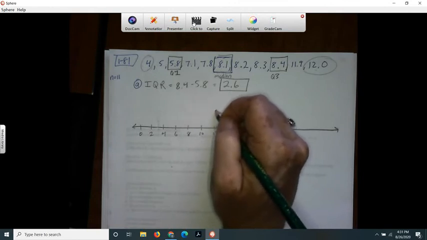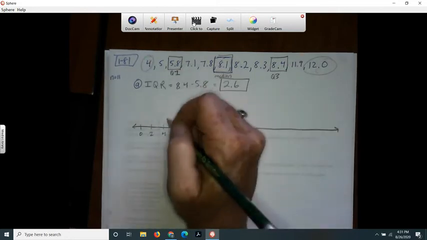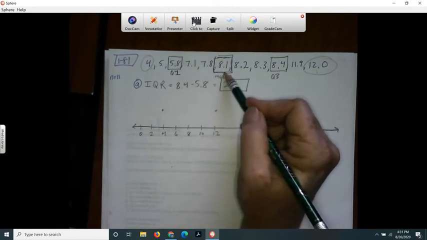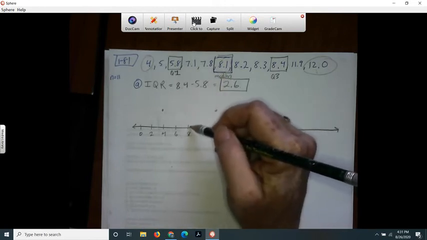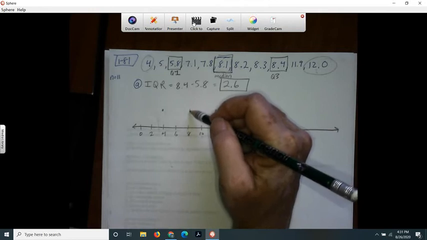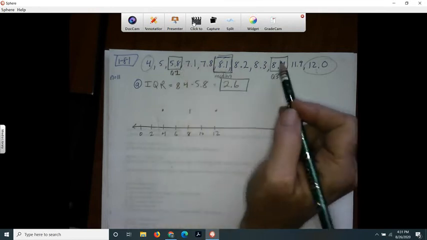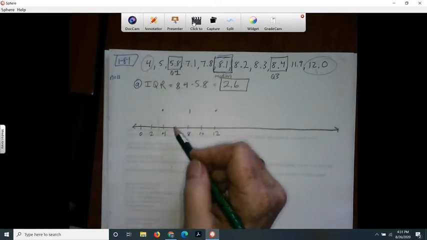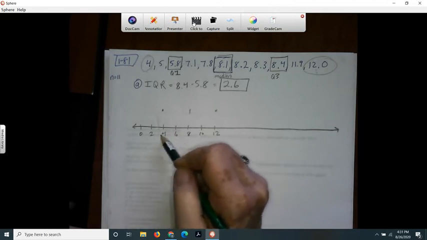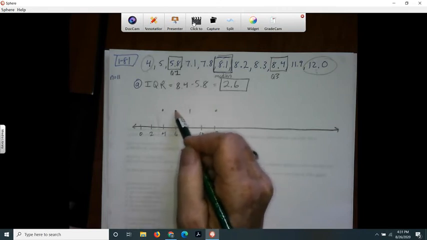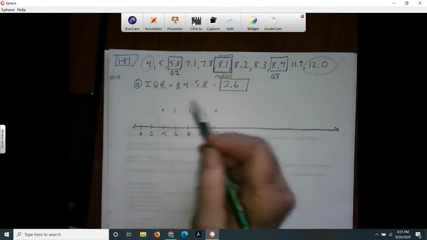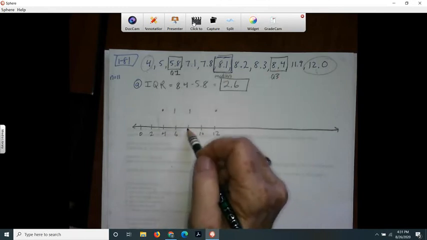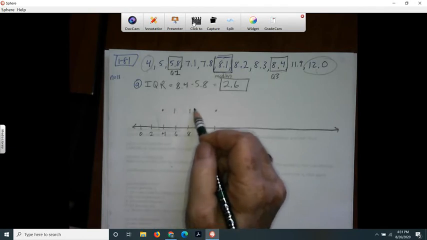Let's just make a little dot at the 12 and a dot at the 4. And then the middle part is going to be at 8.1. So if this is 8, 8.1 is right next to it. And then the quartiles, I'm going to use those. So I'm going to make another little line at 5.8. There's 6 and there's 4, so that would be 5, and 5.8 is really close to 6, so it'll just be over here. And then 8.4, well, that's 8, that's 9, so 8.4.